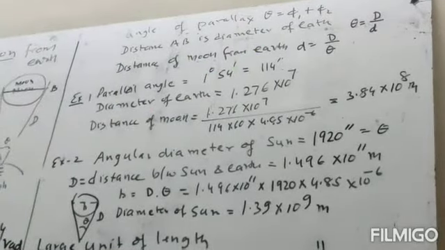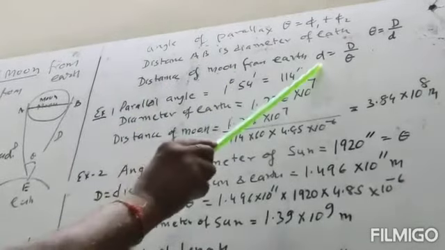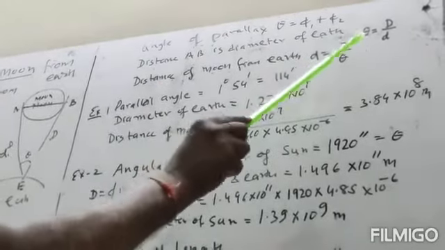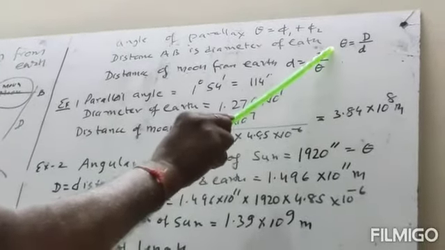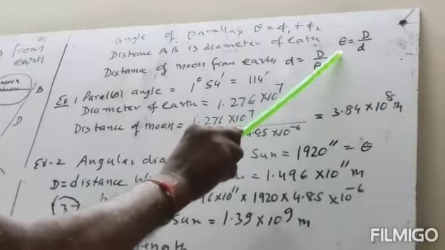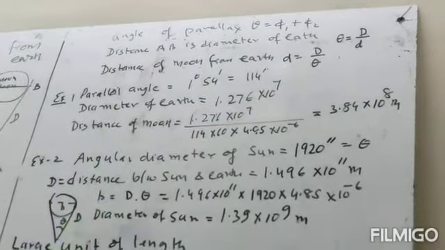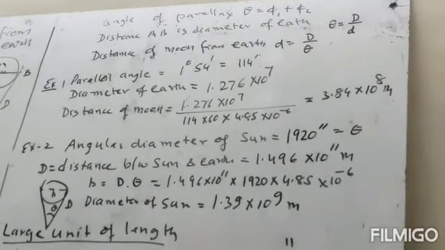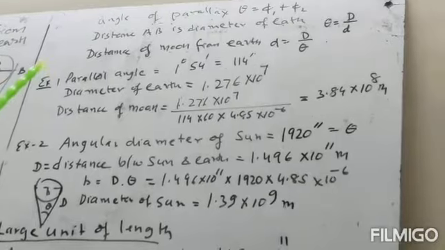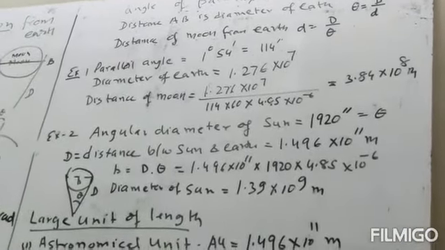So we can find the distance of the moon, small d, will be equal to capital D, which is the basis, and this basis is the diameter of the earth, divided by the parallax angle. So in this way we can find the distance of the moon, or we can also find the distance of the sun from our laboratory.